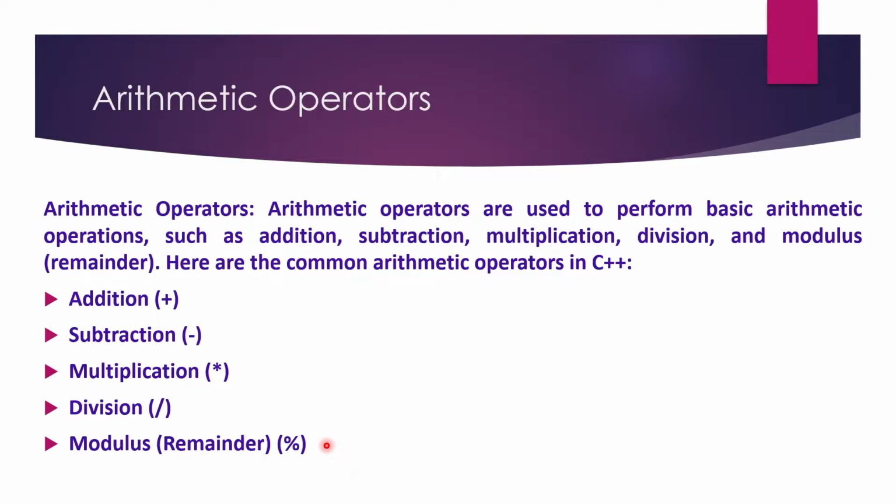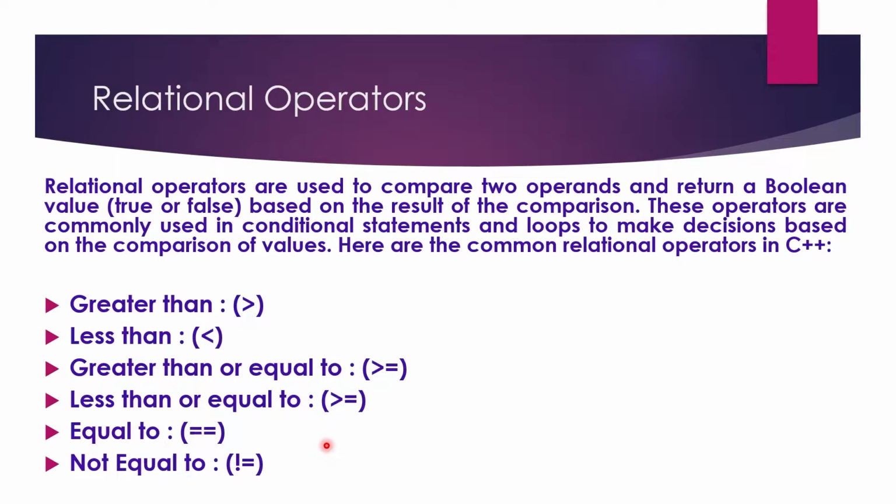The next one is relational operators. It's like we are finding the relation between two numbers, whether A is greater than B, A is less than B, or A is equal to B. Whenever you are trying to compare two operands and find a result, suppose I want to check whether a number a is greater than b, in that kind of case we use the relational operators.